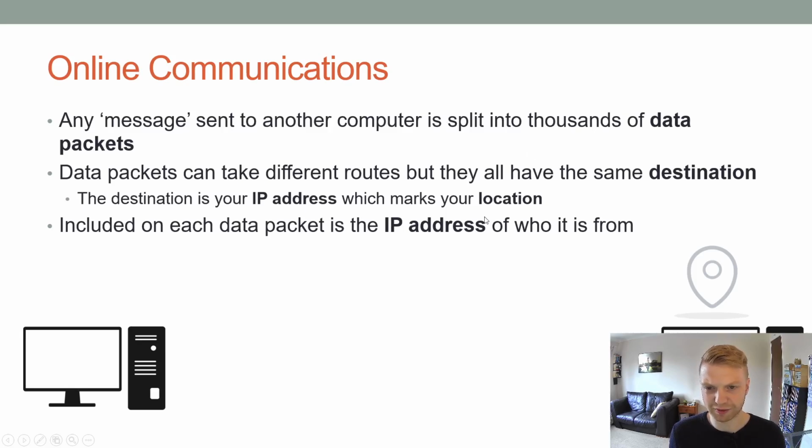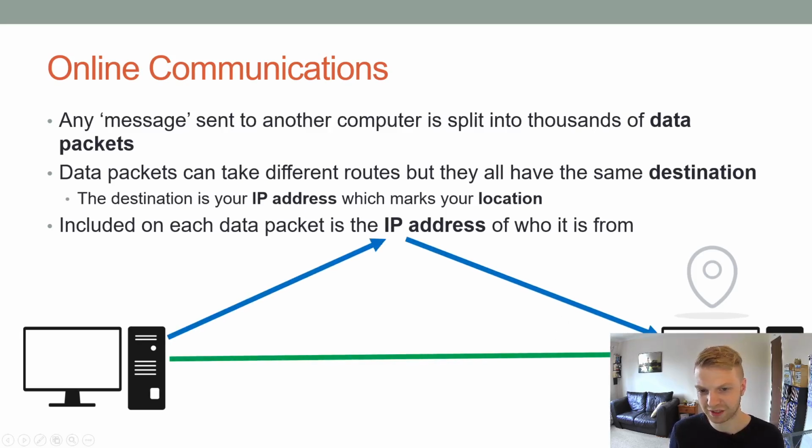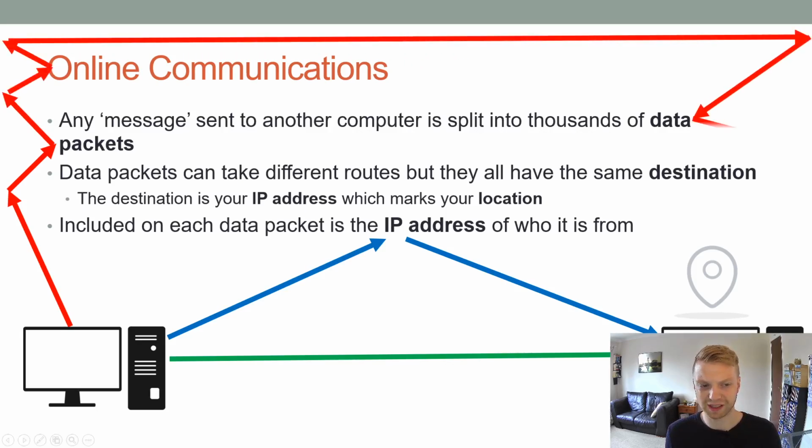Some of them take weird routes. The same way that we can walk somewhere, or drive somewhere, or take the train somewhere, data packets can take weird routes themselves. I don't really know what determines that, but some can go straight there, some can take roundabout ones, and some can take stupid routes. But they will all get there eventually, and if they are lost, there's rules in place to resend them.